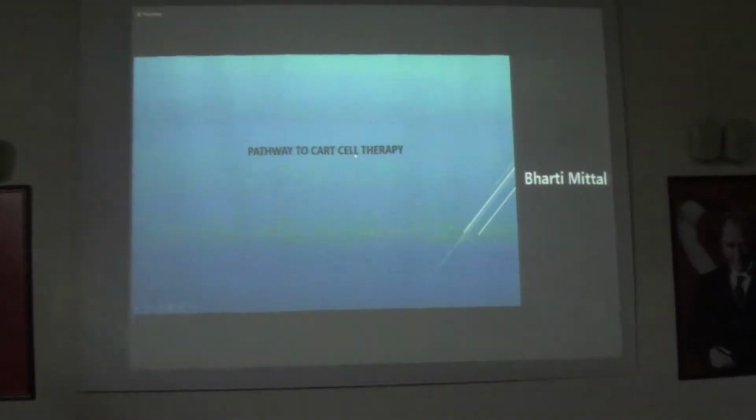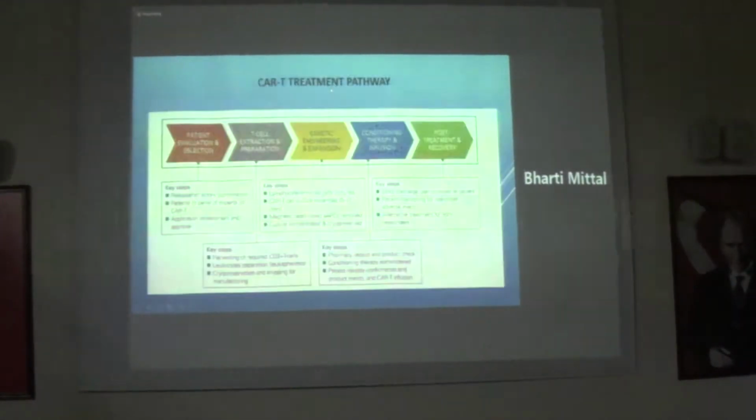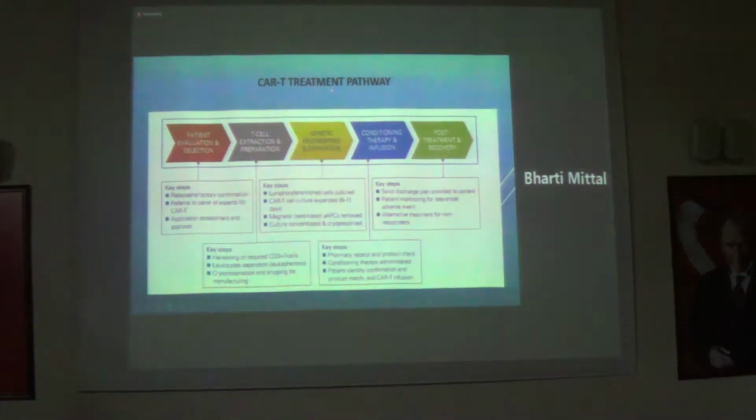So now let us see the pathways, how we can implement CAR T-cell therapy in the clinical setup. What are the steps? What process do we have to follow to implement it in a clinical setup? The first step is patient evaluation and selection. This is a very key step to implement CAR T-cell therapy in the clinical setup.